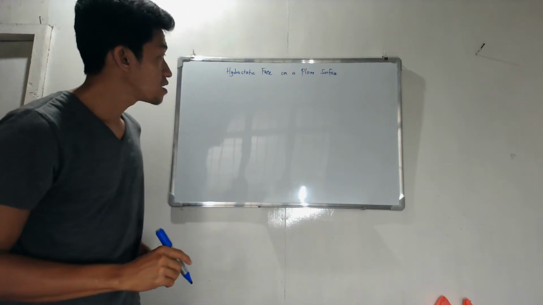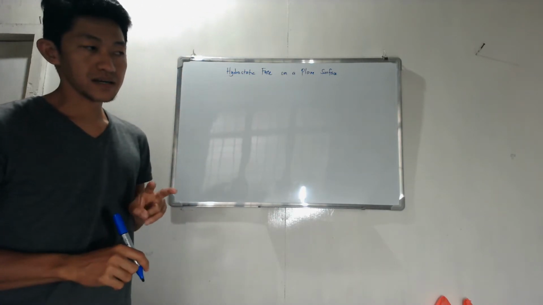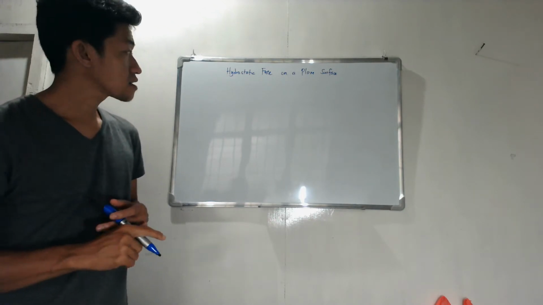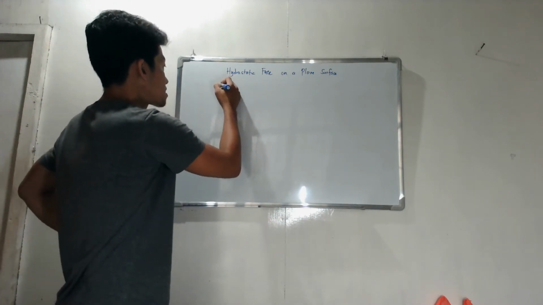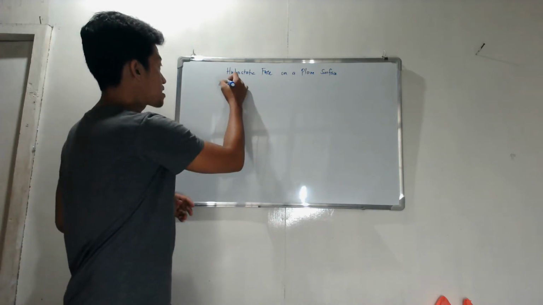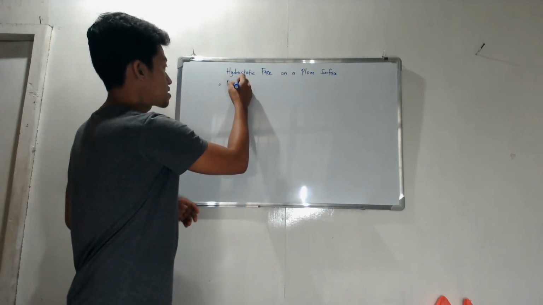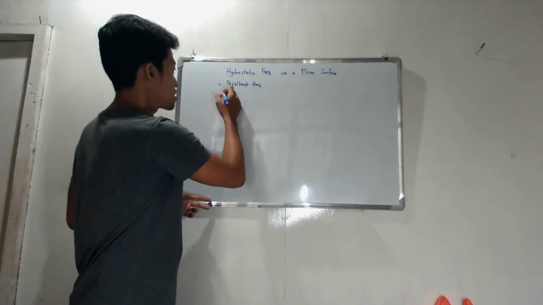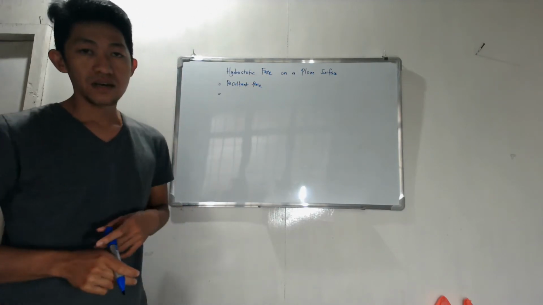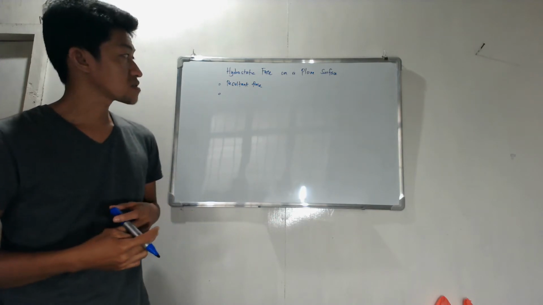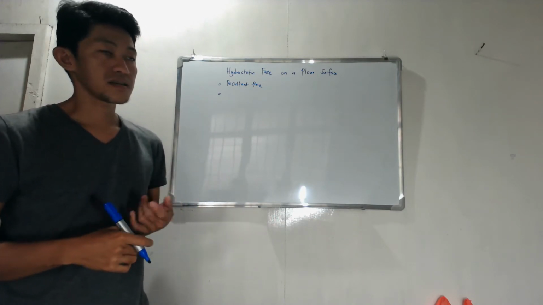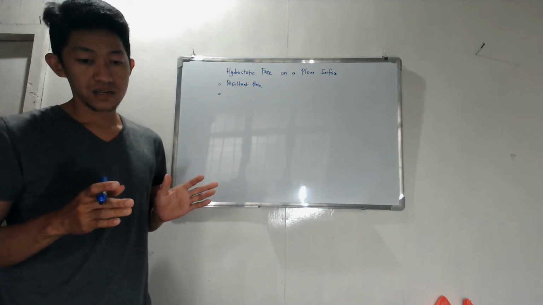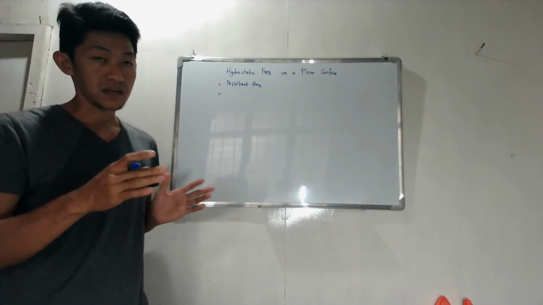So in this topic, we are considering two important points. First is how to determine the resultant force, and then after determining the resultant force, we are also interested in determining the location, no?